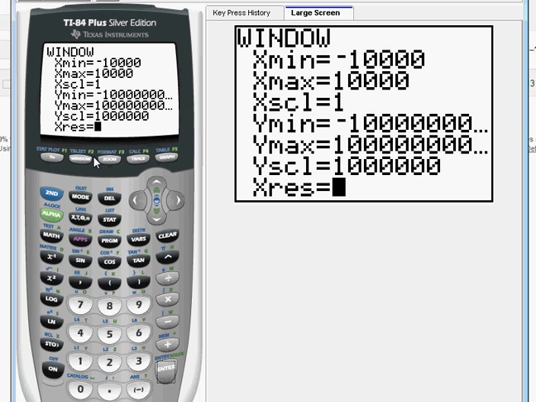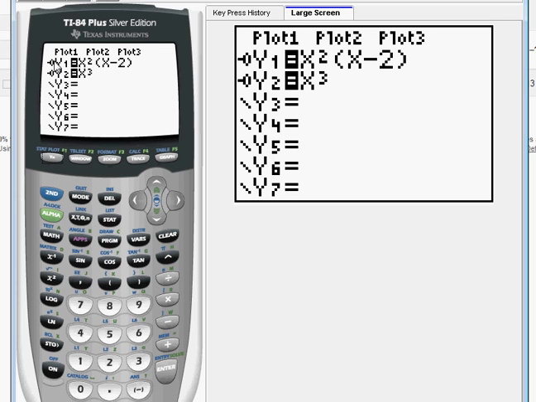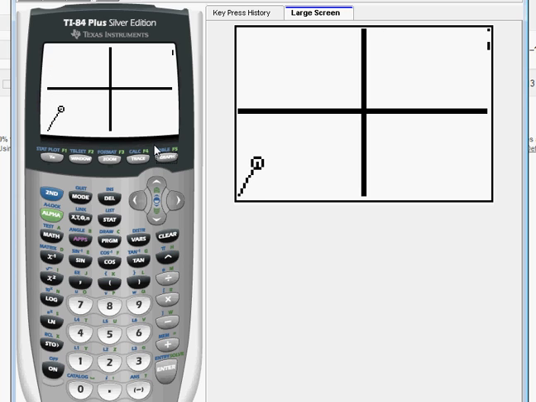And again, these two functions should look exactly the same because I'm out at very large values of x. So notice the little bouncing ball here. This little bouncing ball will show the difference between the functions, and you're not going to be able to tell the difference. So here's our first function, y1.